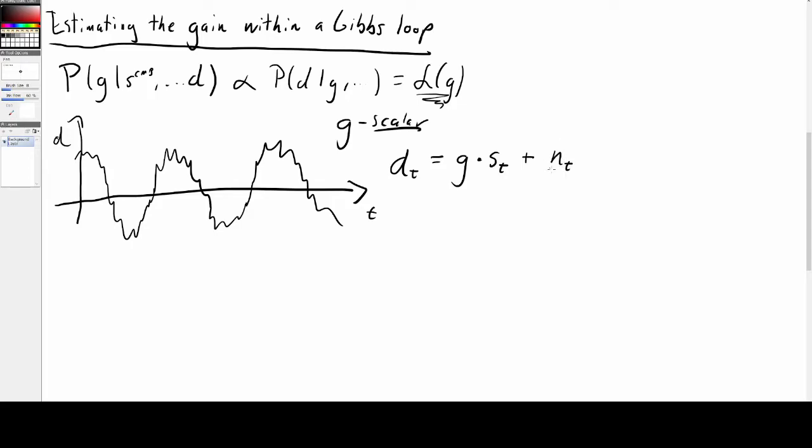And then we also add a noise term, which also varies at every point in time.